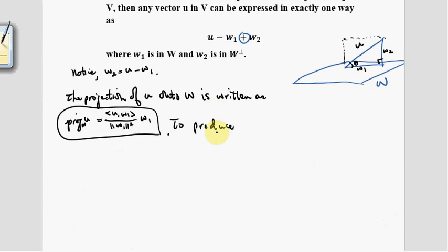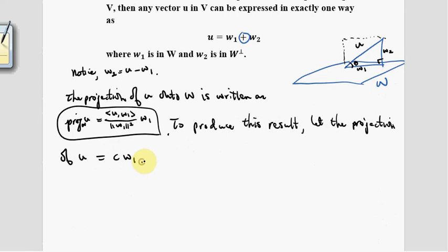So to produce this result, let the projection of U equal some scalar C times W sub 1.